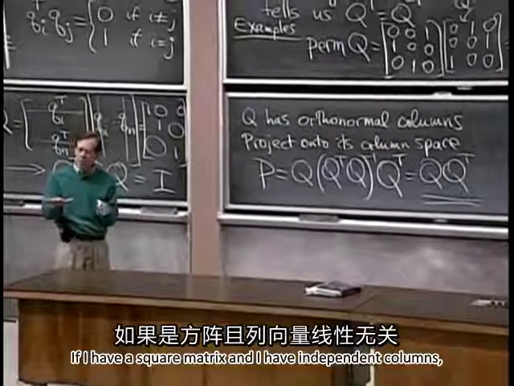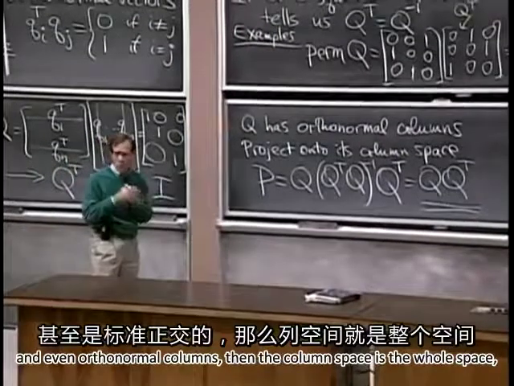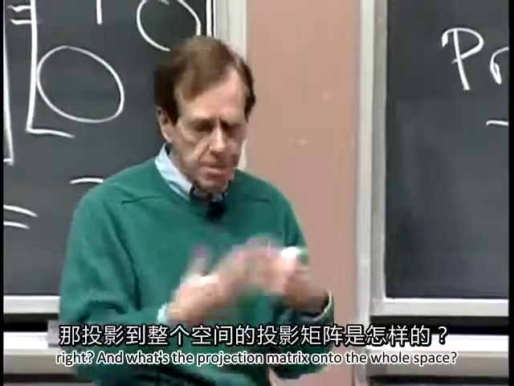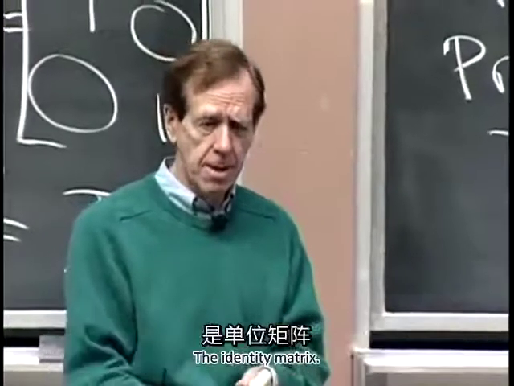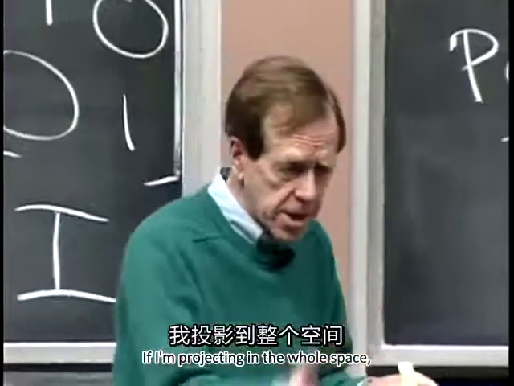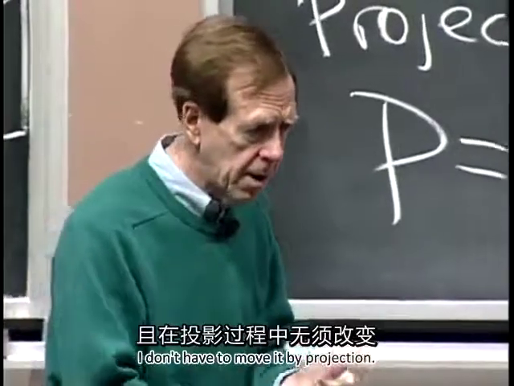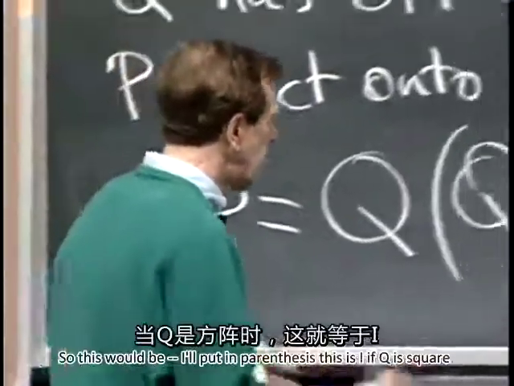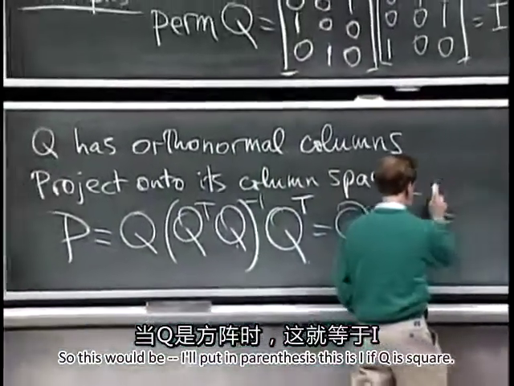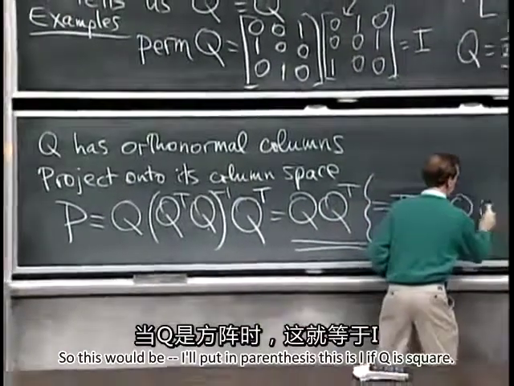If I have a square matrix, and I have independent columns, and even orthonormal columns, then the column space is the whole space, right? And what's the projection matrix onto the whole space? The identity matrix. If I'm projecting onto the whole space, every vector b is right where it's supposed to be, and I don't have to move it by projection. So this will be I. This is I if Q is square.